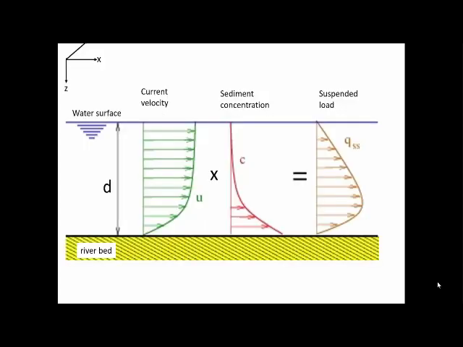So this is the schematic diagram of what is really happening in the river. Kalau you ada depth D ni, maksudnya dekat bawah ni dia ada satu lagi layer, which is what we call the bed load layer. So kalau you take the integration between this bed load layer up to the water surface D, then you have your velocity distribution profile, like this diagram.